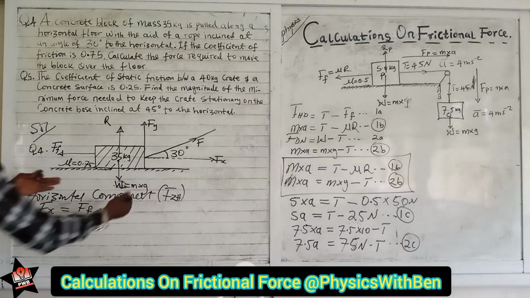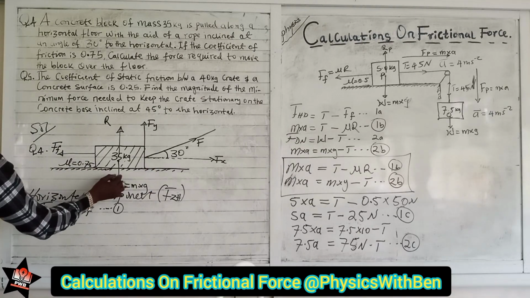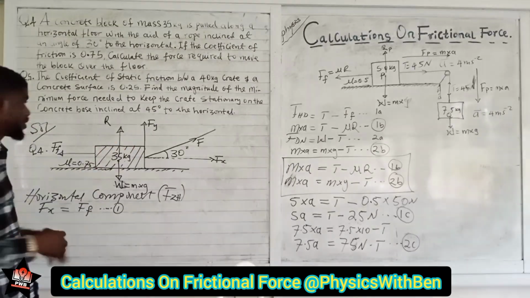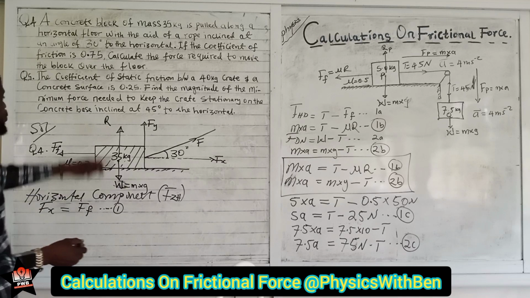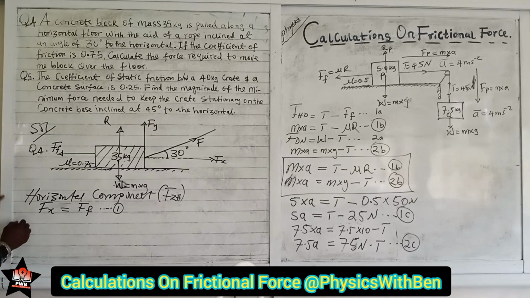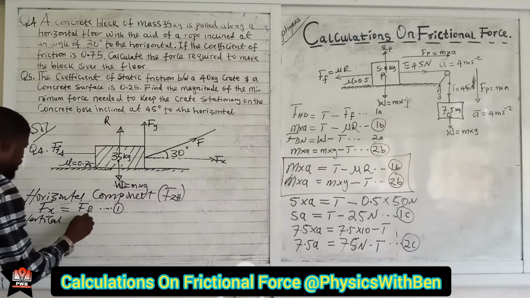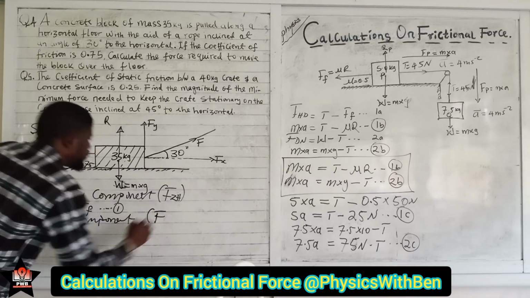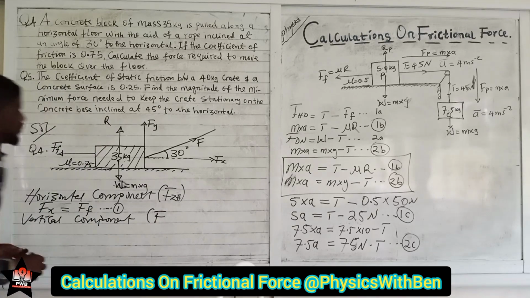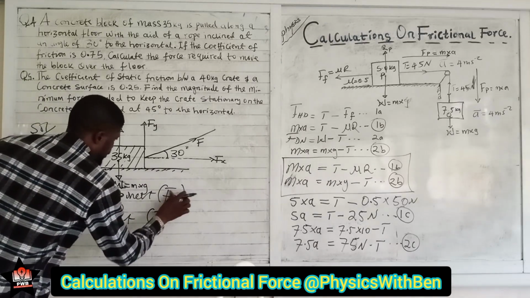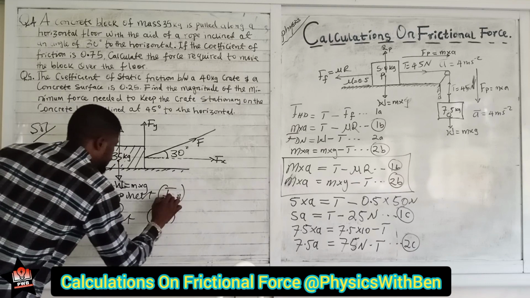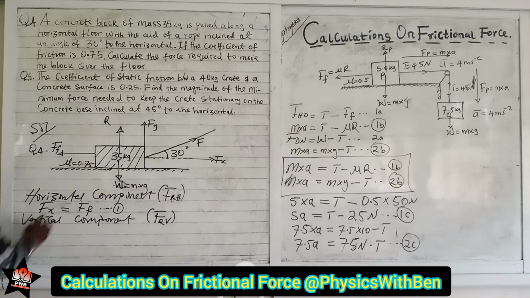Good. So let's go to the downward part of it. The weight, you may click the link in the description of this video to see the theory on this question. So our W is equal to R plus F. So the vertical component, the resultant vertical component of this force is given to be what?